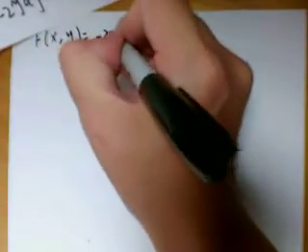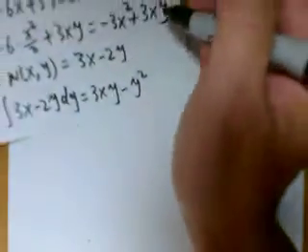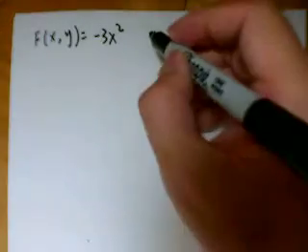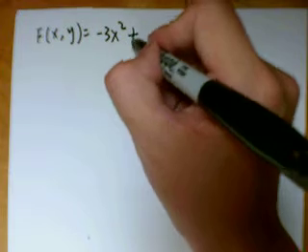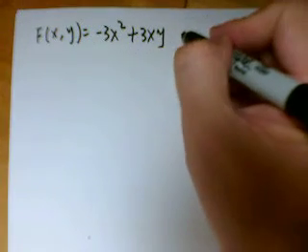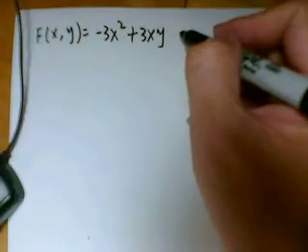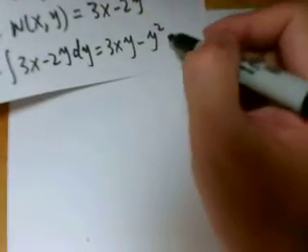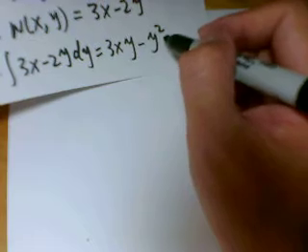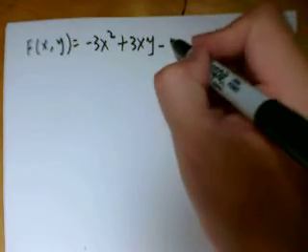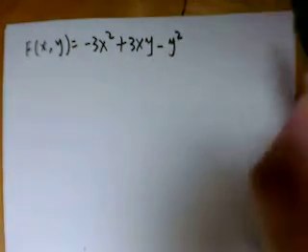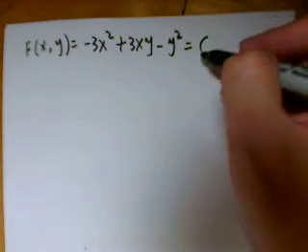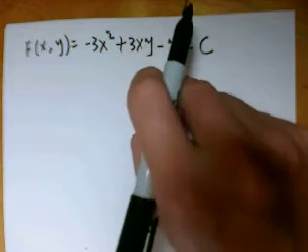And we have a repeated term, 3xy, 3xy, so we just pick one, 3xy. And we also have negative 1y squared. And let this guy equal c. That should be the solution for the ODE.